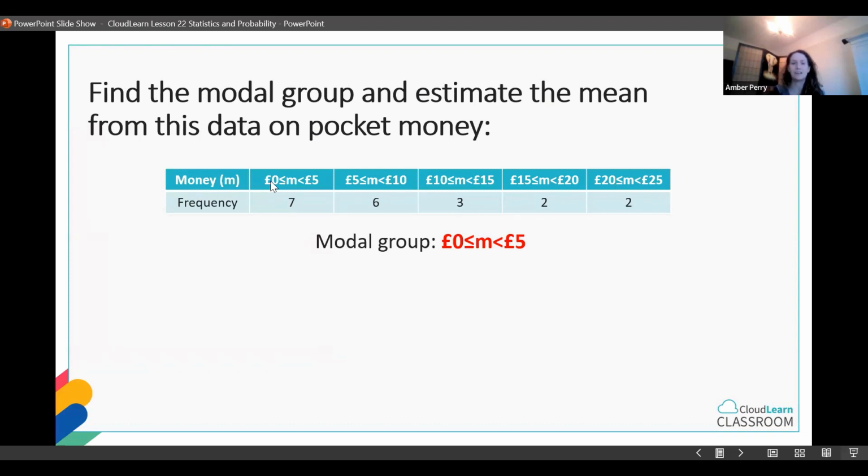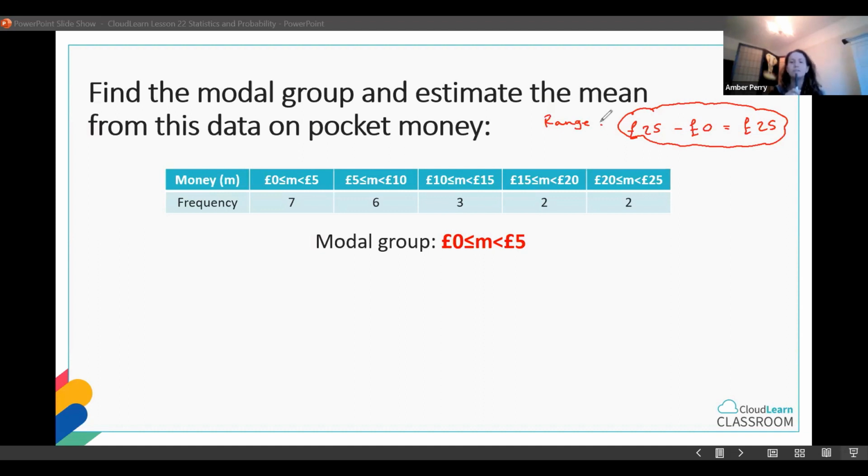We wouldn't know the exact range because we don't know the exact smallest and biggest, so it would just be an estimate of 25 minus 0. So it would be £25. So the range would be 25 there. Sorry, I didn't do range, did I? But hopefully that clears that up.